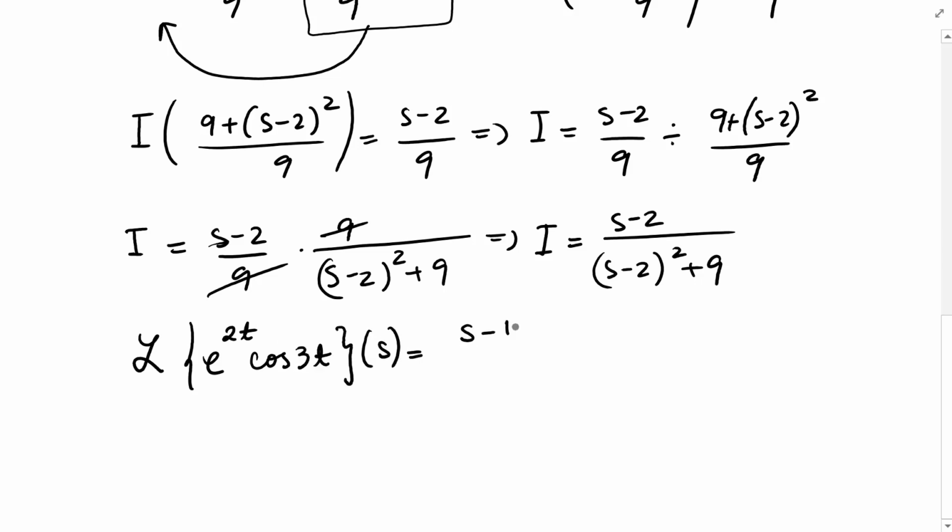So we ended up with (s minus 2) over (s minus 2) squared plus 9, which if you check in the formulas, you're going to see that it's exactly the same thing that they have. But we proved it with the definition. I hope it helps.